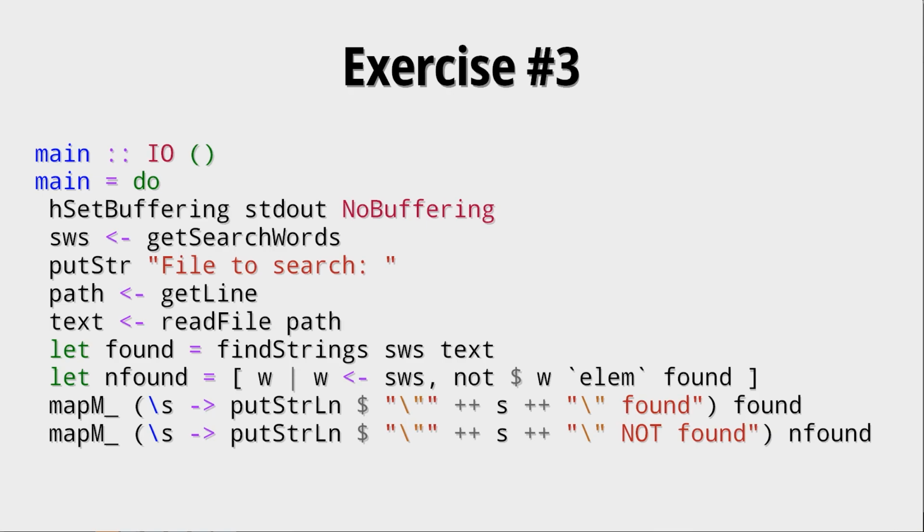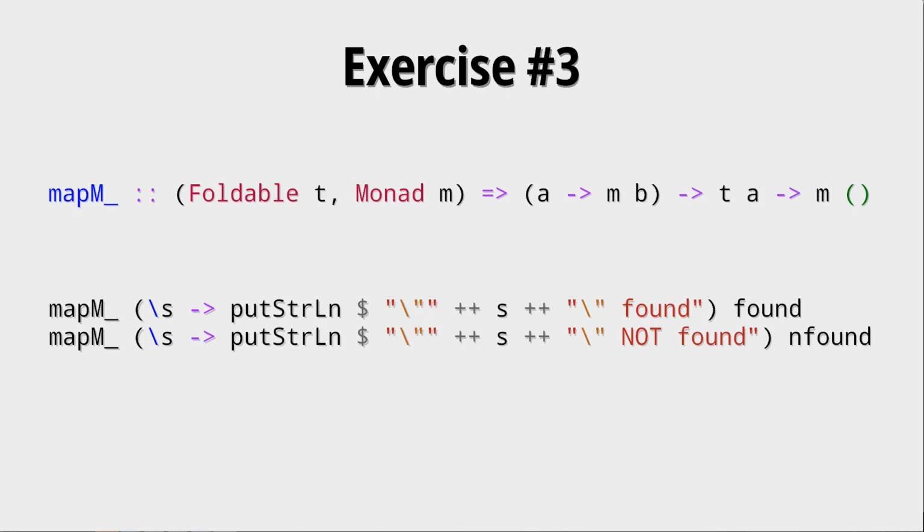getSearchWords does the prompting and gets all the search words, and findStrings finds all the strings. The interesting thing might be what mapM_ does. So mapM_ has an interesting signature. It works on a foldable t and a monad m.